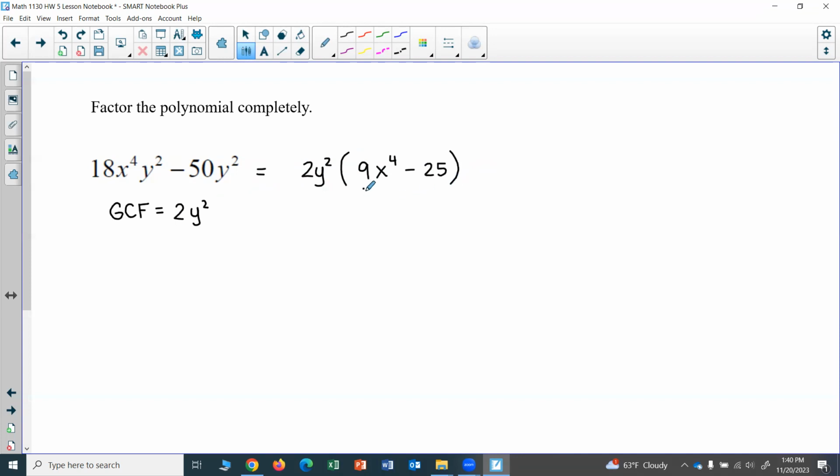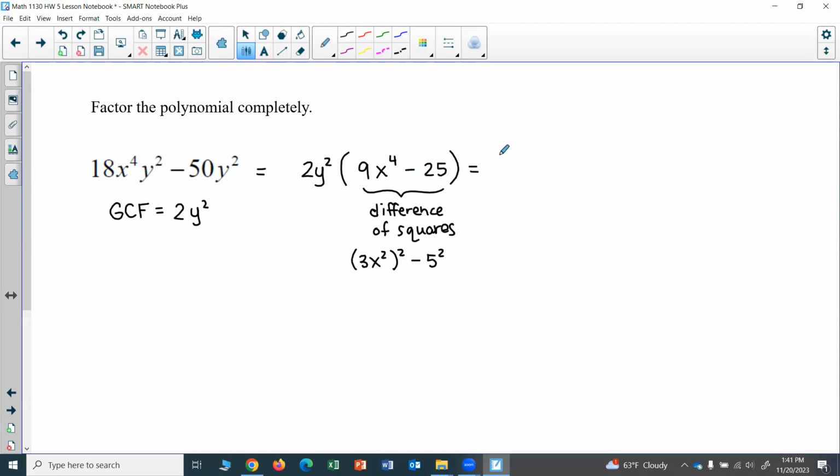Now this 9x to the fourth minus 25, this is the difference of squares. So I could write that as parentheses 3x squared quantity squared minus 5 squared. So the 3x squared quantity squared would give me the 9x to the fourth.